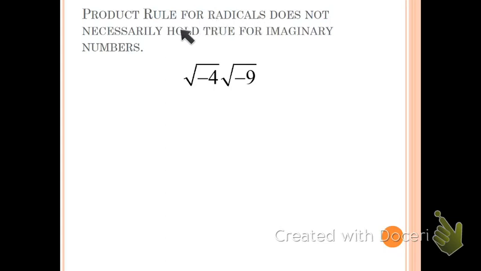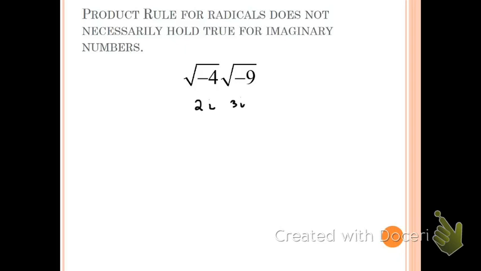Product rule for radicals does not hold true. So you can't just say that's the square root of positive 36 until the answer is 6, okay? What's the square root of negative 4? 2i. Okay, let's write that. What's the square root of negative 9?